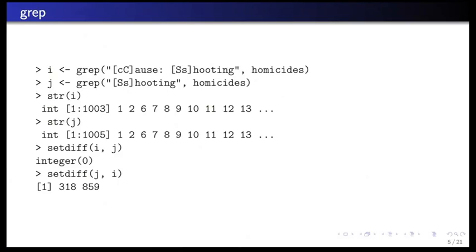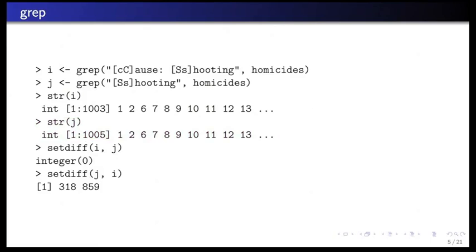Here, when I match on cause and then shooting, I get a set of indices that I save to an object called I. Then when I grep on just shooting, I get another set of indices that I save to an object called J. When I look at I and J, you see that I has 1003 elements and J has 1005, and they look awfully similar, at least the first couple entries.